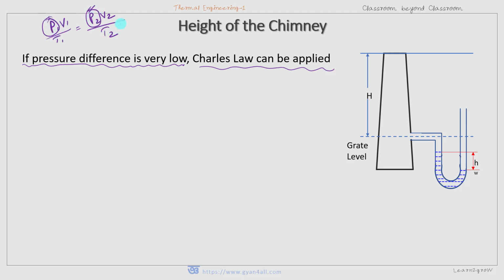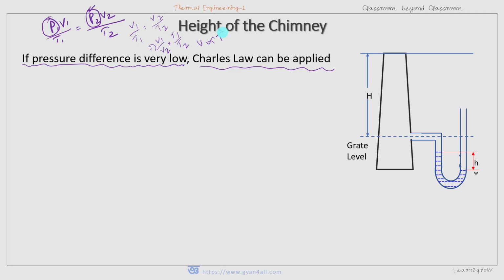In that case it becomes V1 divided by T1 equal to V2 divided by T2, or we can say V1 by V2 is equal to T1 by T2.